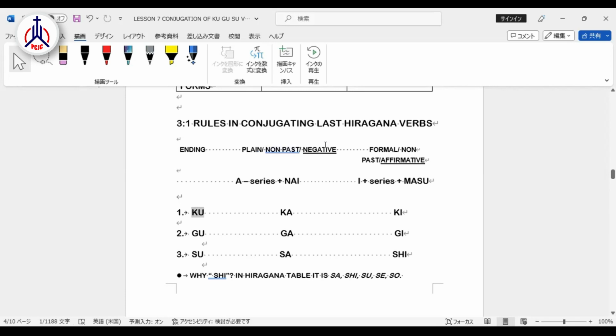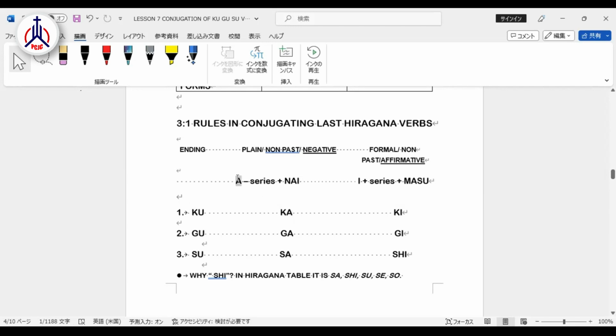In the plain non-past negative, the ku will change to ka. And then in the formal non-past affirmative, the ka will change to ki. A series means ku to ka.